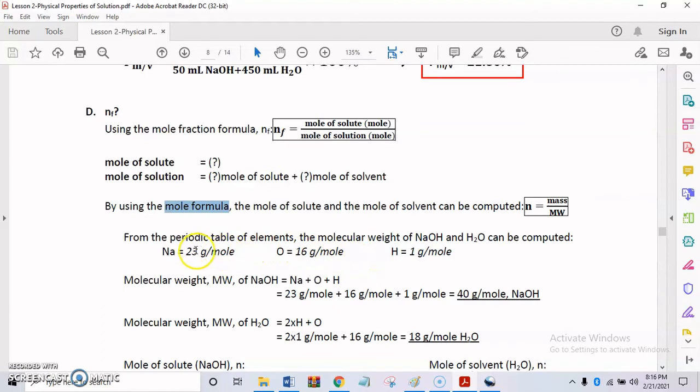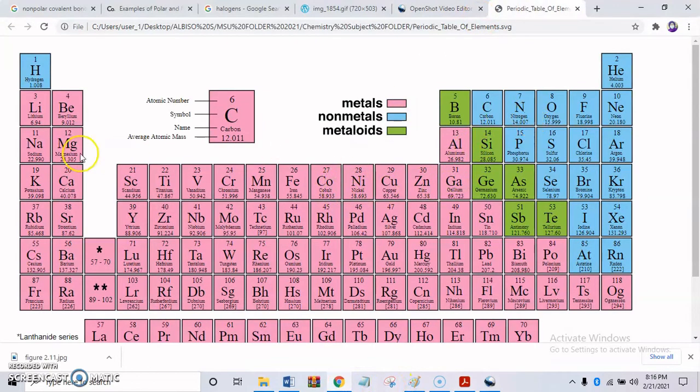From periodic table of elements, yung sodium natin, molecular weight or the atomic mass weight of the individual elements there. Ito. Sodium, 23. Rounded na, 23 grams per mole.